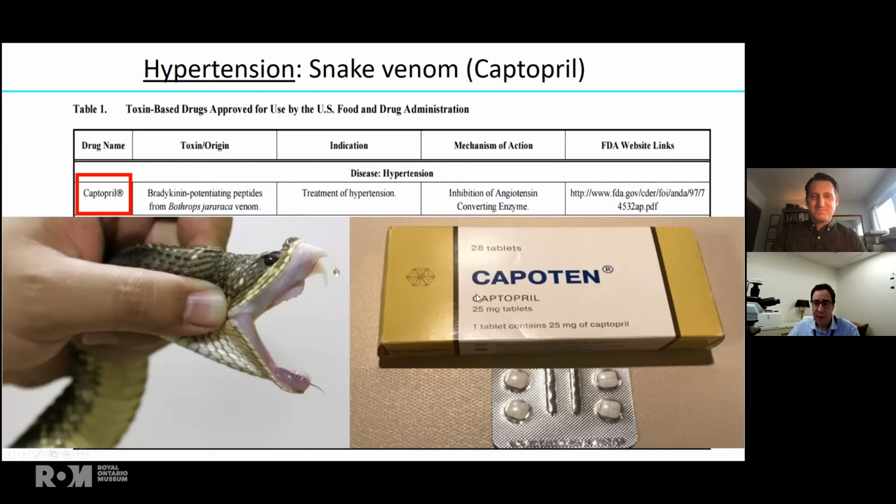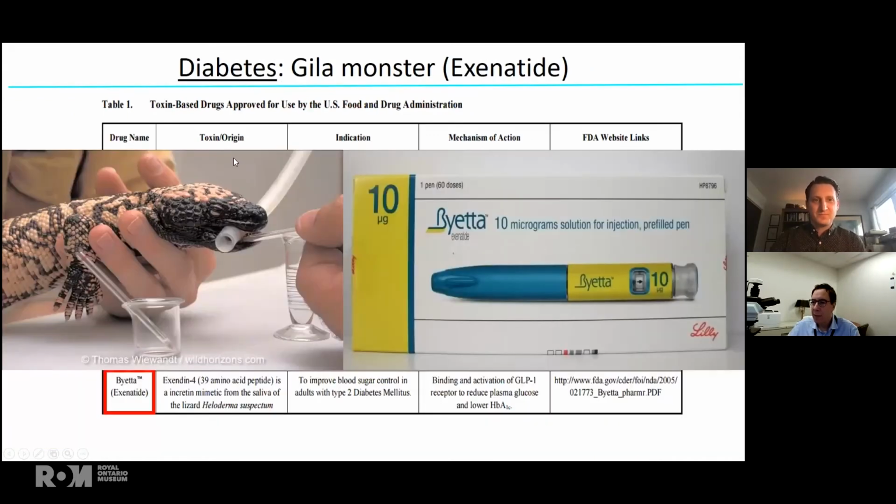Exactly as you said, it was an observation that dogs have a very low blood pressure, and it became this drug called captopril, and many other different types of angiotensin converting enzyme inhibitors. Yeah, and a third one is another component that was identified in the saliva of the Gila monster.